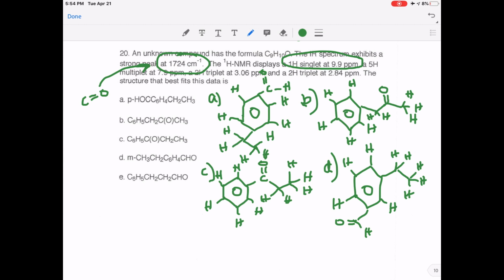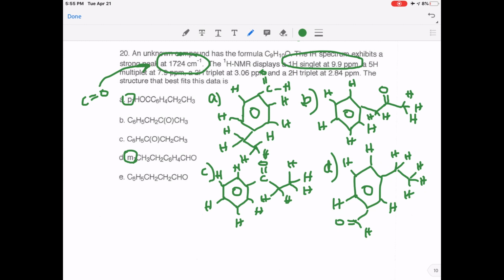And again, the notations here, para and meta, just refer to the positions of the substituents. So for A, the aldehyde and the alkane substituents are para to each other, so they're on the opposite sides of the ring. And for D, the meta substituents, meta refers just to the fact that the aldehyde group and the alkane group are two carbon atoms away from each other.